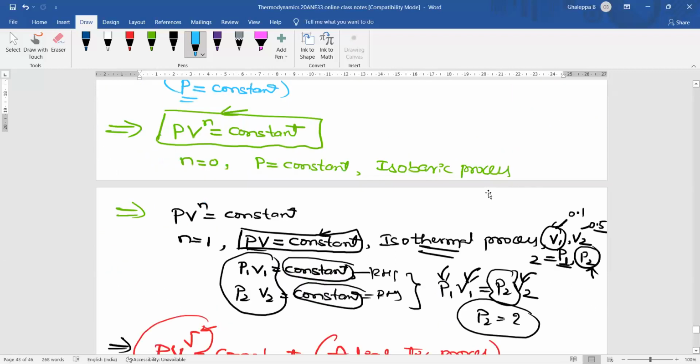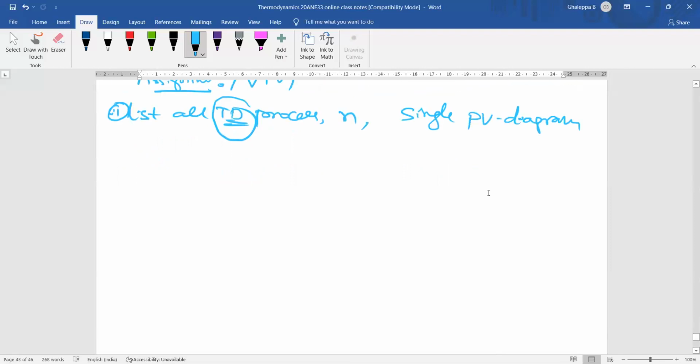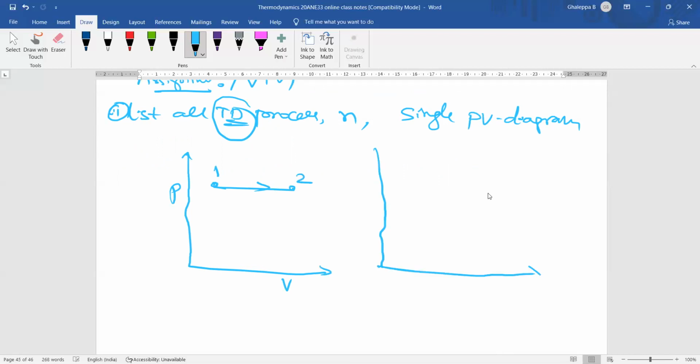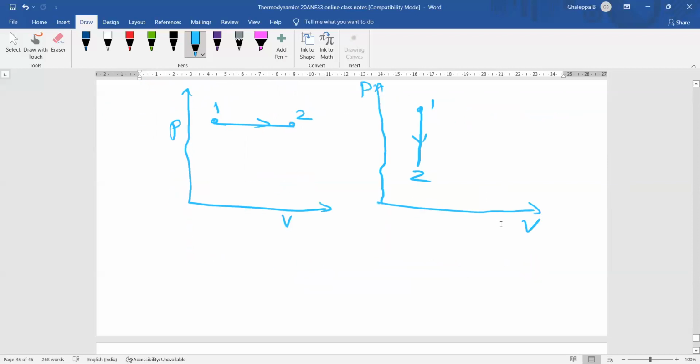If they ask you to draw separately, how will you draw? Pressure versus volume. This is for constant pressure, initial point, final point. And for second process, how we need to draw separately PV diagram and TS diagram? PV, this is constant volume, separately. 90% they may ask you to draw separately because it is time consuming.